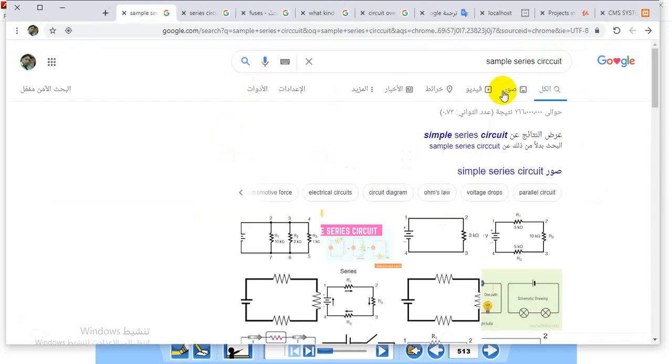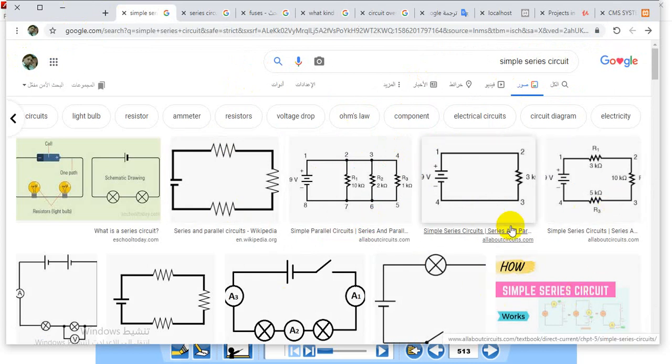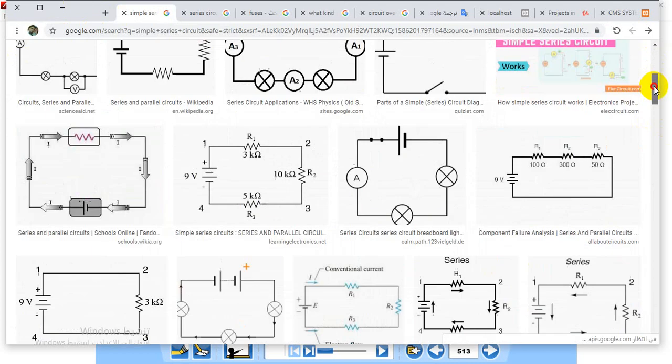You'll find so many examples of series circuits made at home. You can find them here.